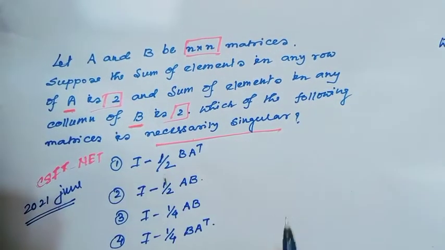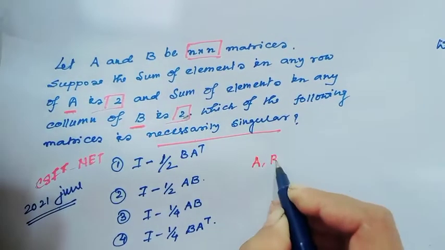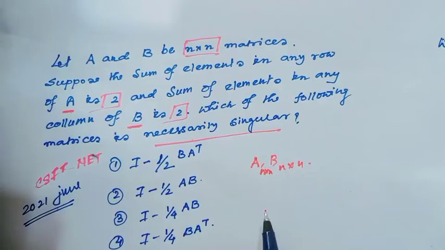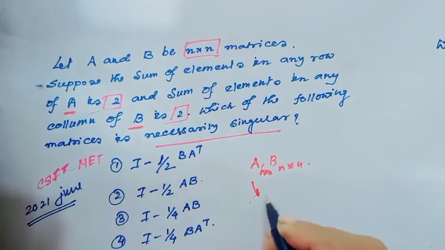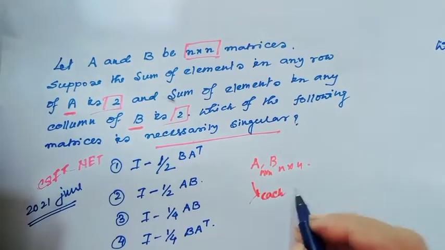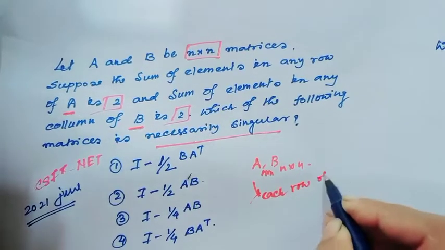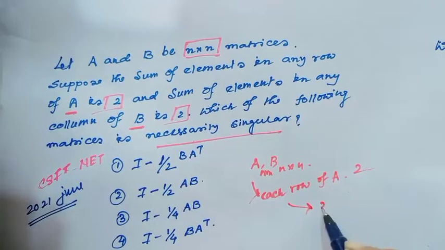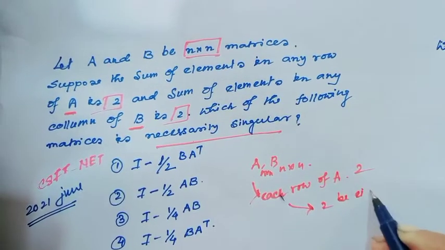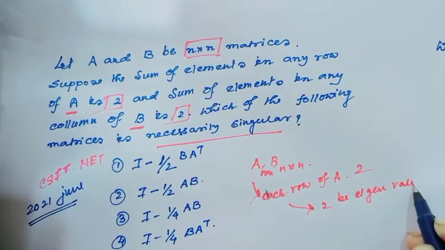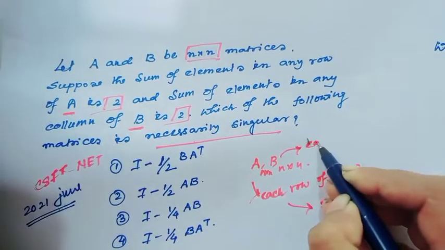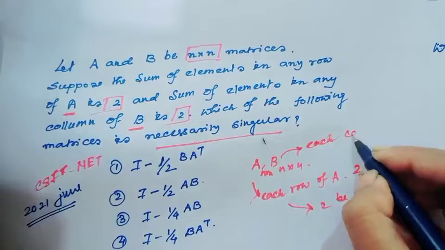Here A and B are n cross n matrices, okay, and the sum of each row of A is 2. That means obviously 2 is an eigenvalue of A, and the sum of each column of the matrix B is 2.